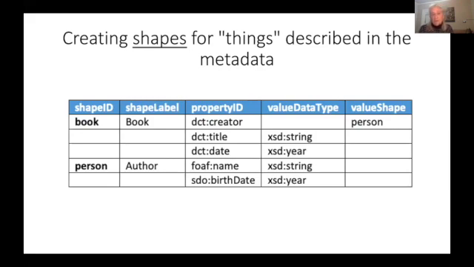A common example is that you can have a book thing, and that book thing has a creator, and the creator is of a type person. And that is because you want to say many things. Here we're showing only two, but you want to say things about that person.